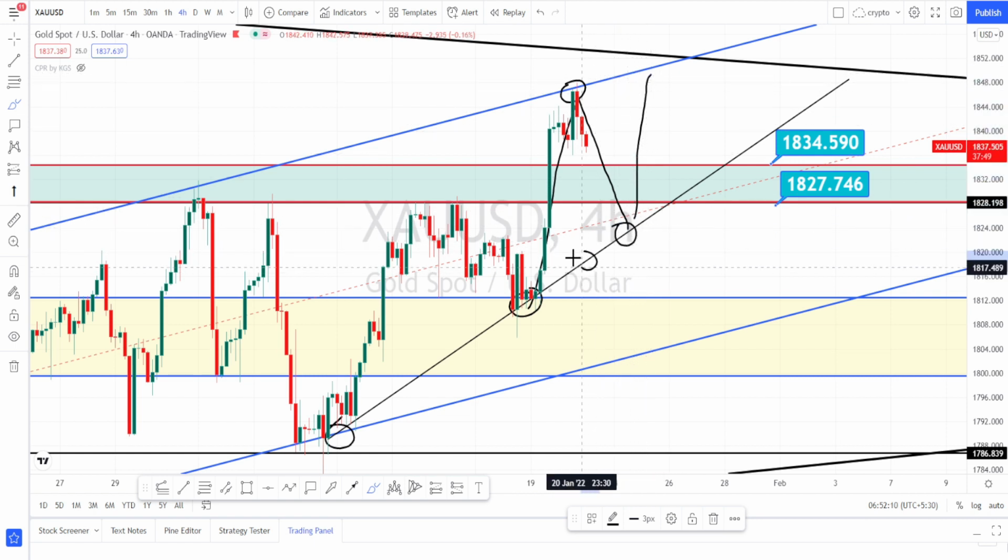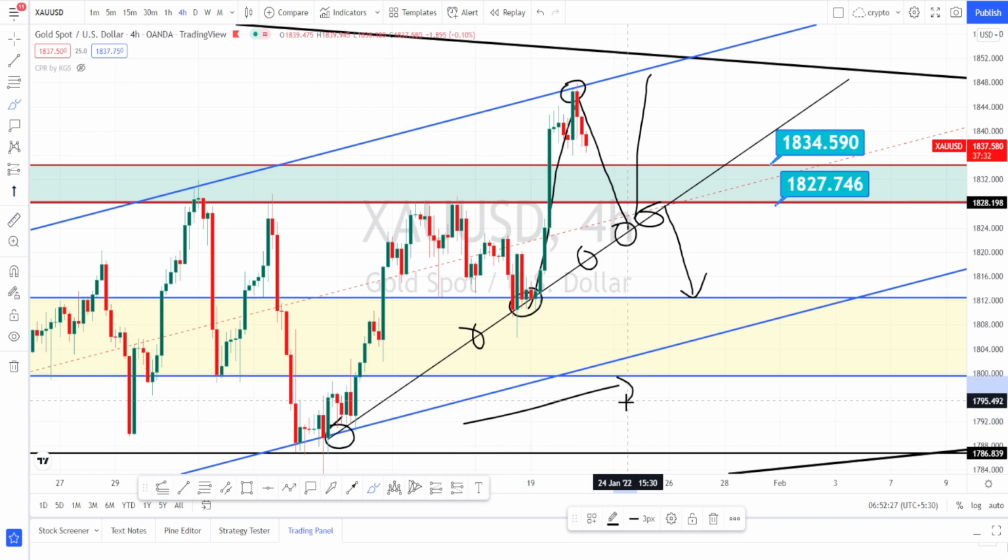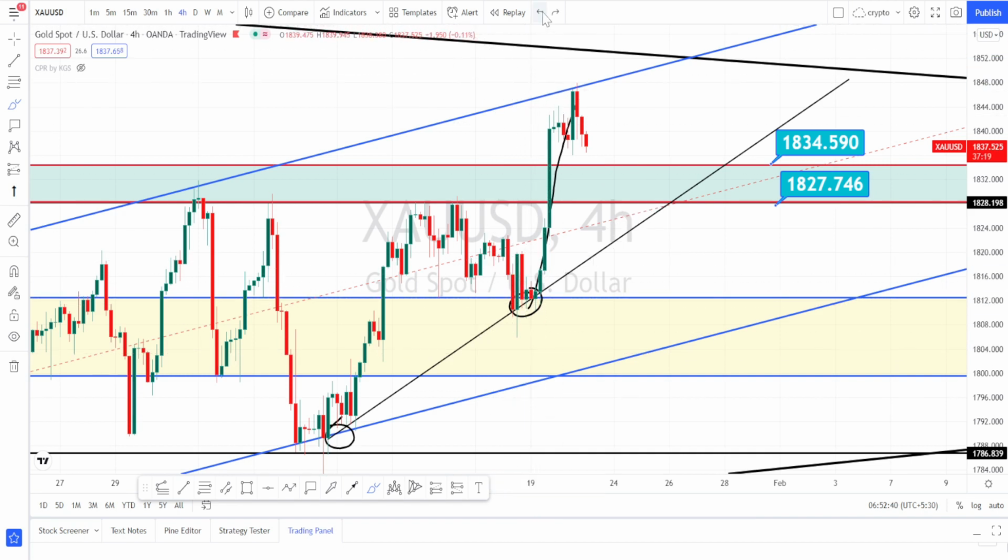As long as this trend line is holding, you can expect the bullish trend to continue. Once it breaks this trend line, you can expect a further fall in this currency pair, taking support on the support level of 1812. So overall the price action is still trading within a bullish channel pattern, so we can expect the bullish trend to continue even though it is looking bearish for now.